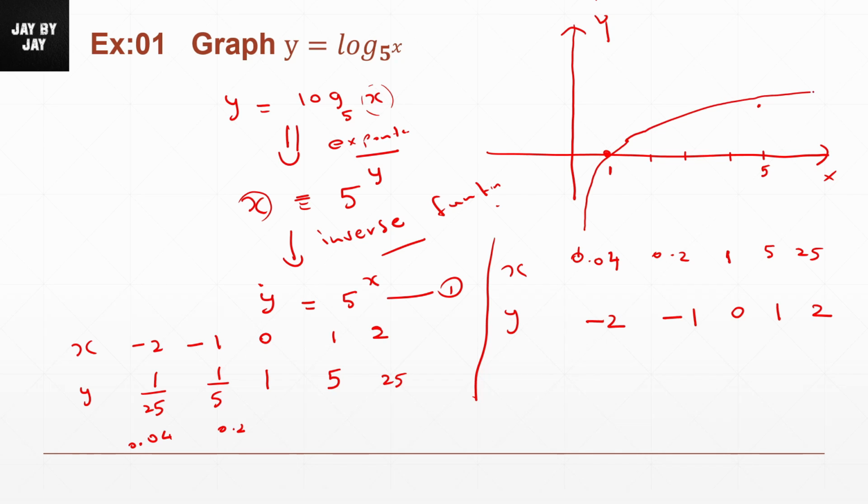So it will go like this, and you know y equal x looks like this. This is the y equal x, and this is the graph they will ask from us.